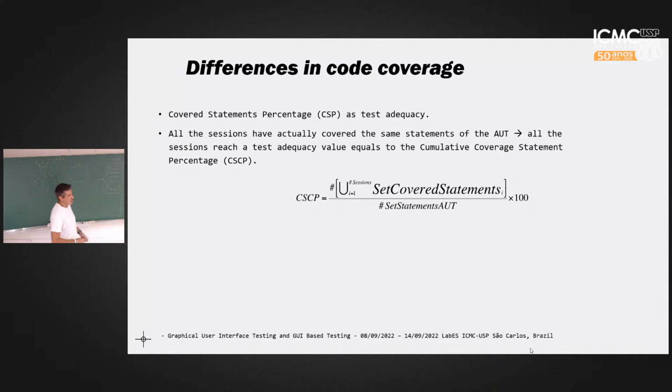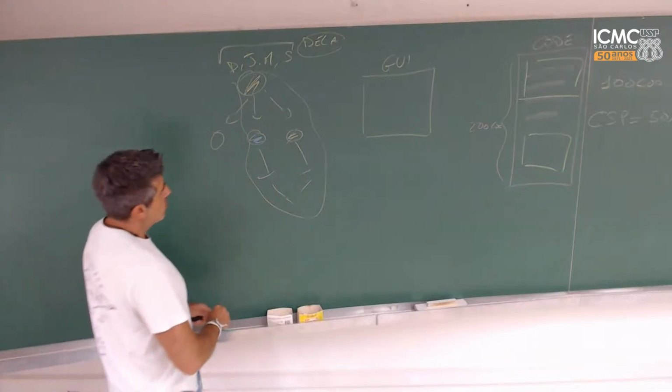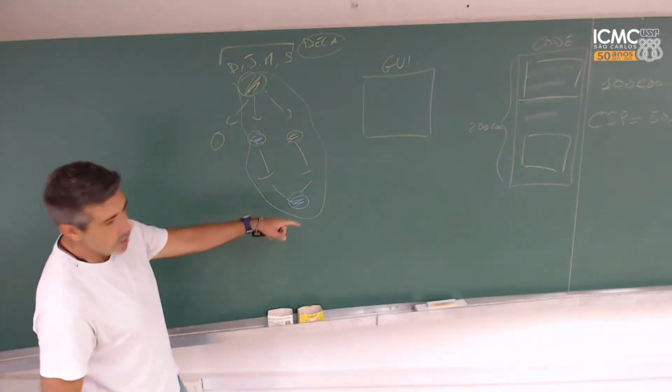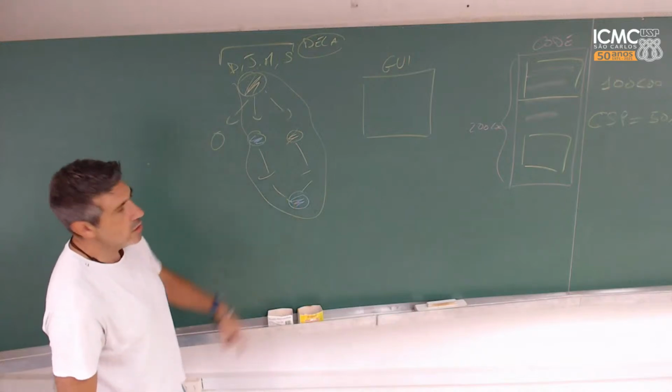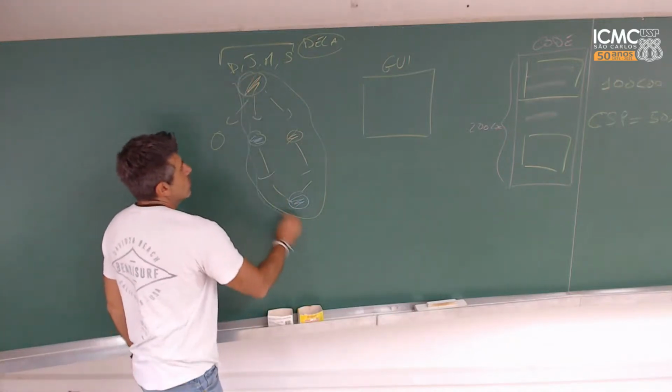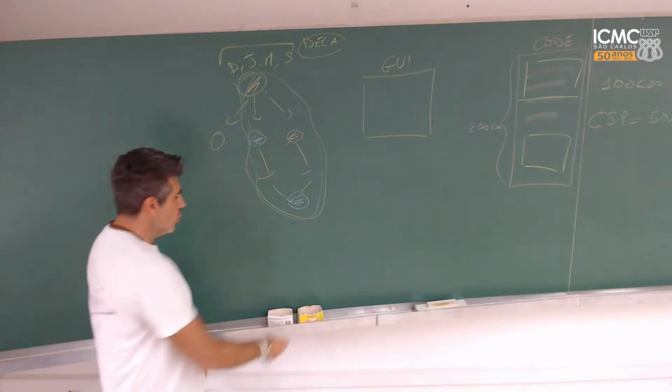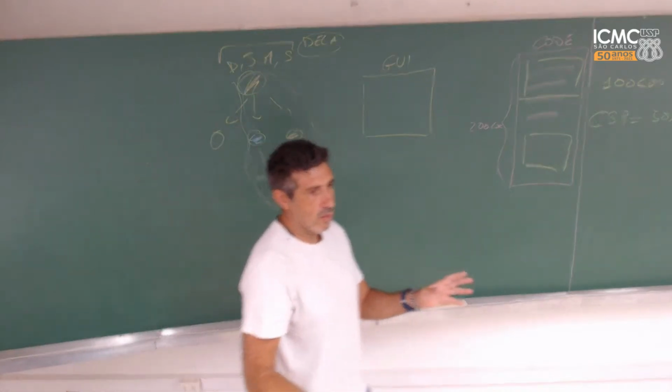It means that if Junior covers this and this, Stevao covers this, and me and Miser cover this, the union is all of this.